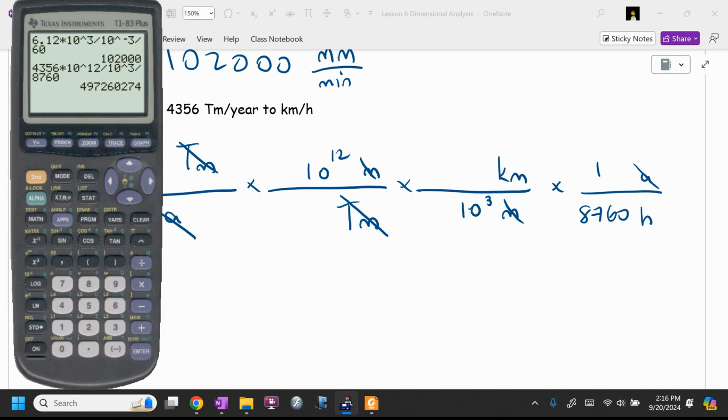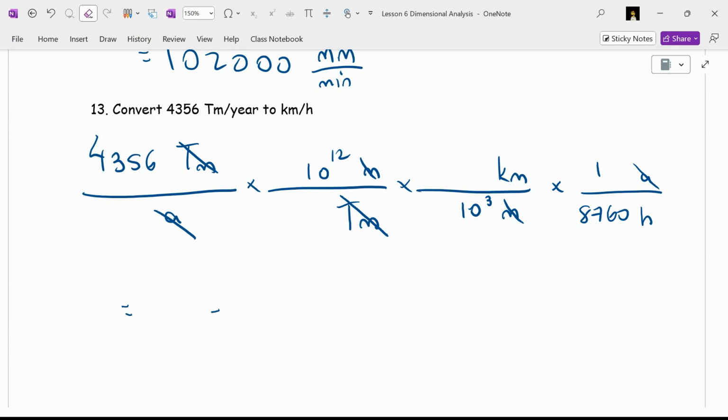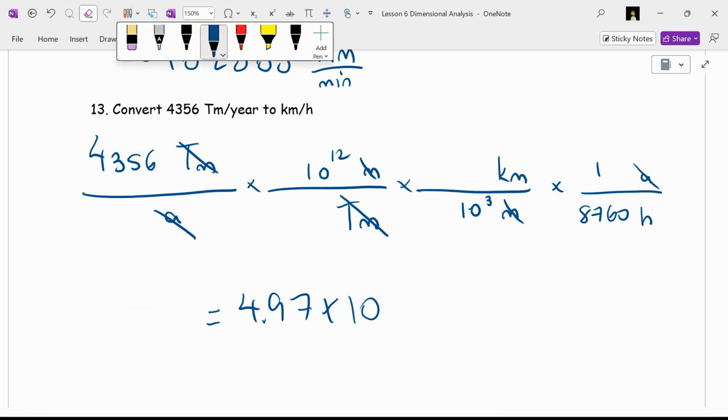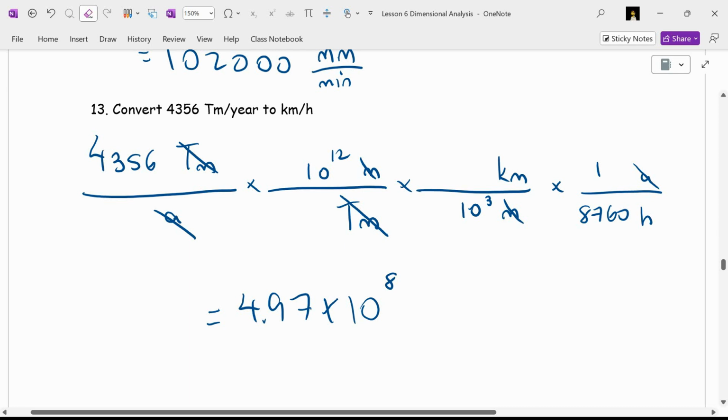I'm going to round to 3 sig figs. I'm going to write 4.97 times 10 to the what? Is it 8? Yeah. And then kilometers per hour.